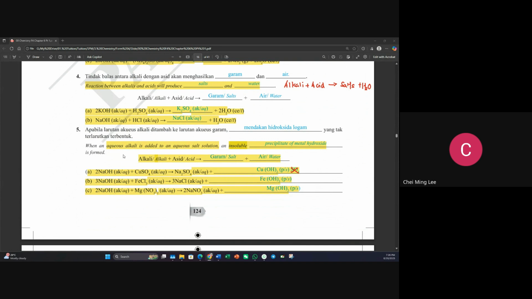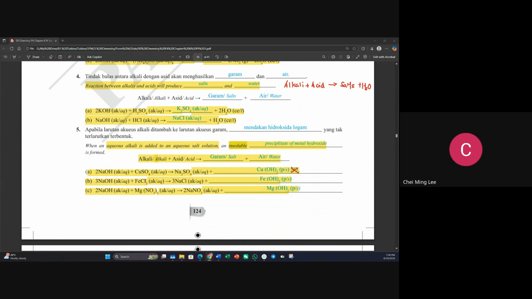And when aqueous alkali is added to aqueous salt solution, an insoluble precipitate of metal hydroxide is formed. For example, two sodium hydroxide with copper sulfate will form sodium sulfate with copper hydroxide.